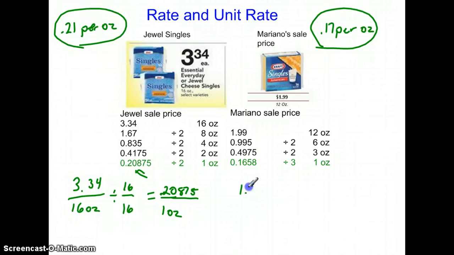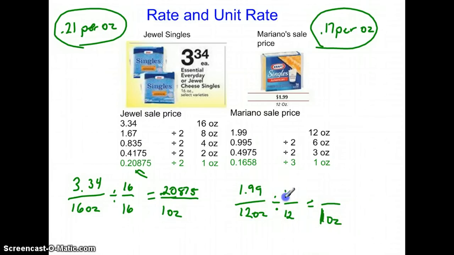Mariano's, $1.99 for 12 ounces. We need to divide by something to get to the unit rate of 1 ounce. So 12 divided by 12 is 1 ounce.